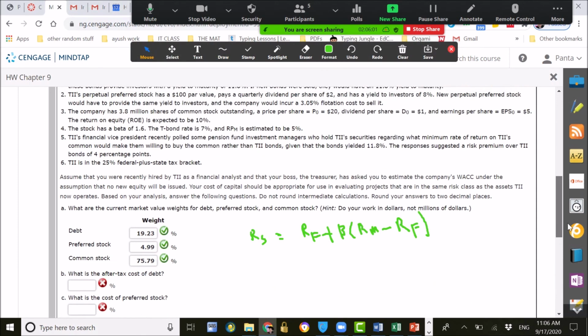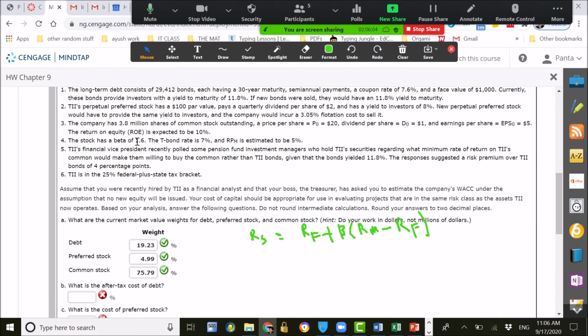So here the beta is 1.6, the T-bond has 7%, and RPM, which is basically RM minus RF. You should have a risk-free rate. So what is the risk-free rate? Treasury bond, 7%. 7% plus beta, 1.6, times 5%. That's going to give the answer for that.